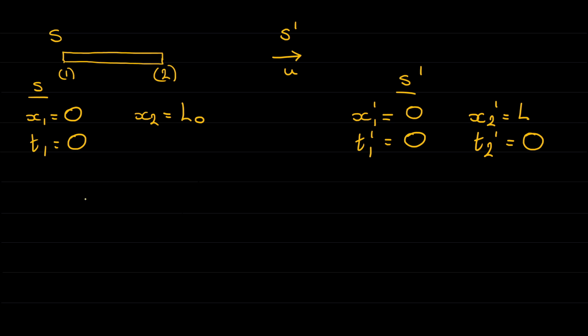Okay, so now let's use one of the Lorentz transformations to see if we can figure out a relationship between L and L0. In general, we have that x is equal to gamma into x prime plus u t prime.